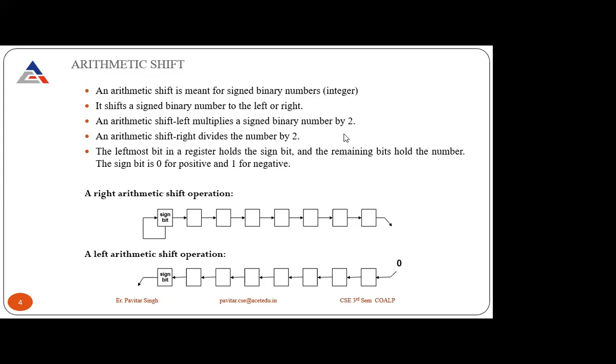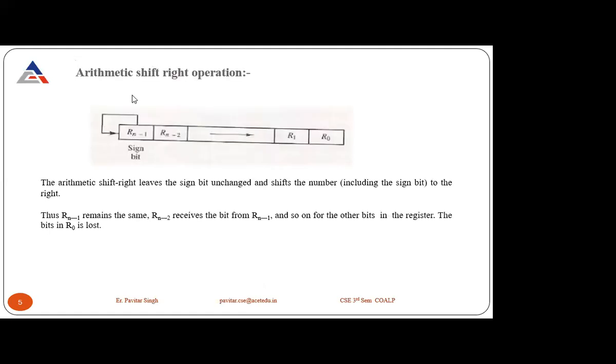Yes. So let's see with the help of a diagram how the sign reversal is achieved. Here you can see that the bits are represented as Rn minus 1, Rn minus 2, and so on up to R1, R2, right?